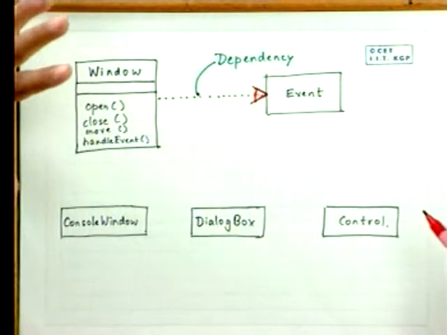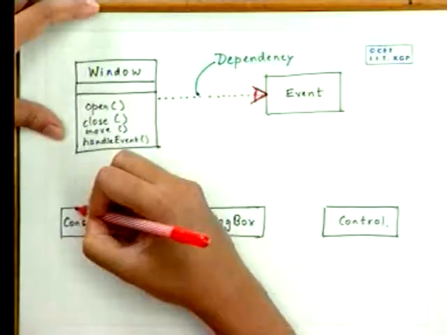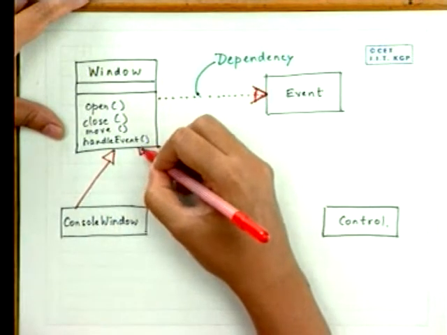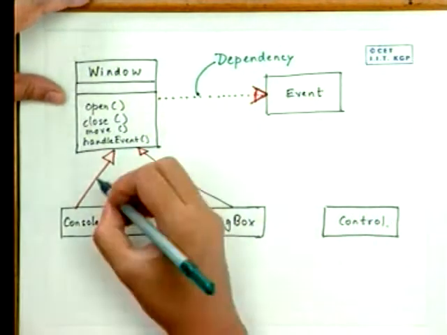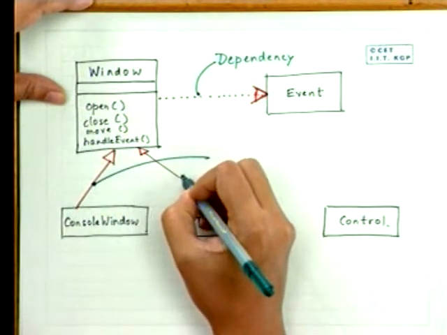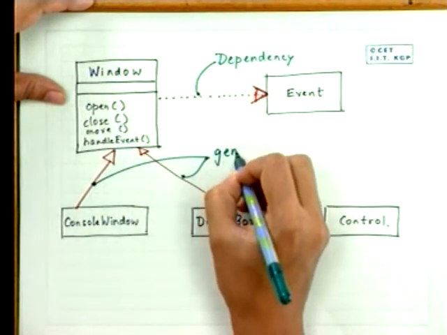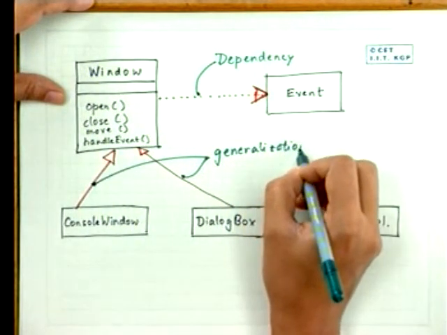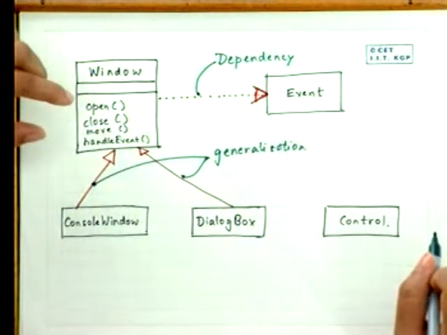Then we have inheritance relationship, a generalization relationship between console window and dialog box and window. So these are generalization relationships. And thirdly, there is an association relationship between dialog box and control.